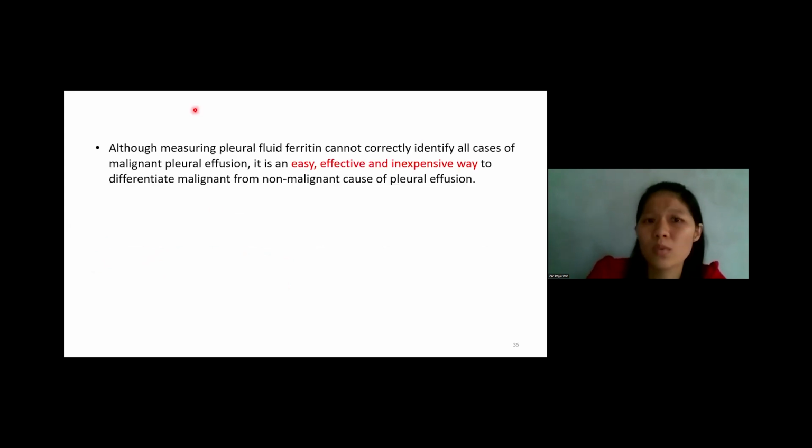So measuring pleural fluid ferritin alone cannot correctly identify or exclude malignant pleural effusion, but it is an easy, effective, and inexpensive way to differentiate these causes.